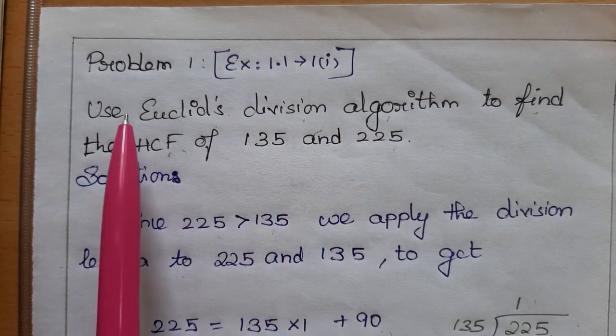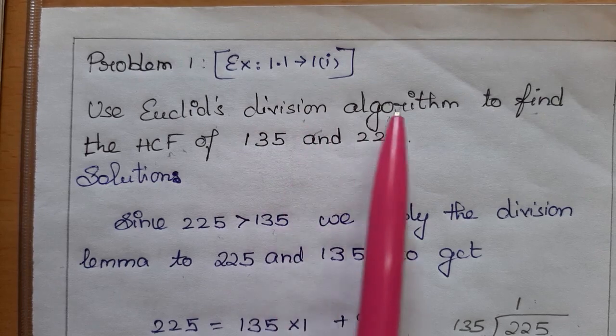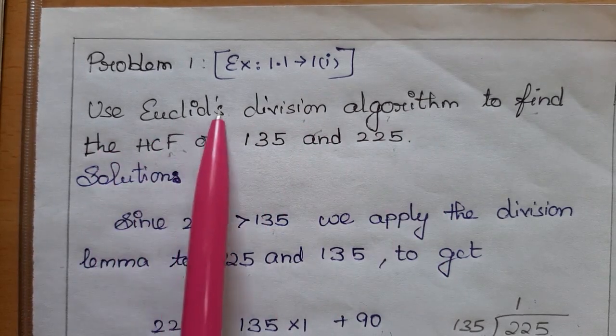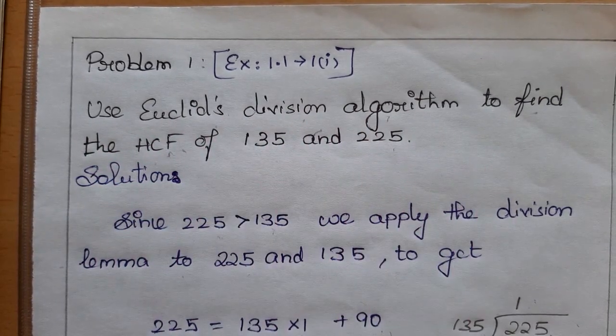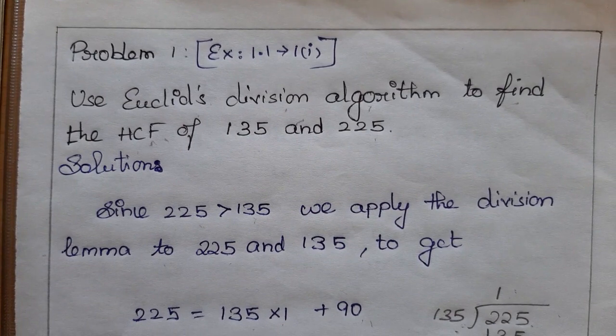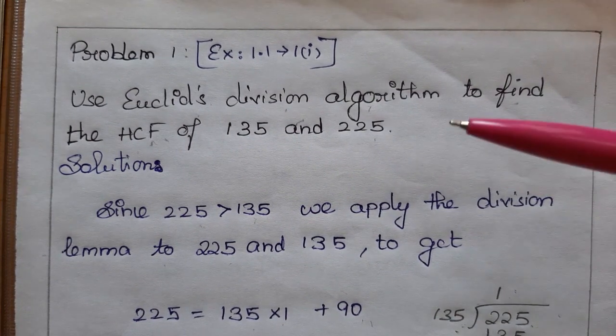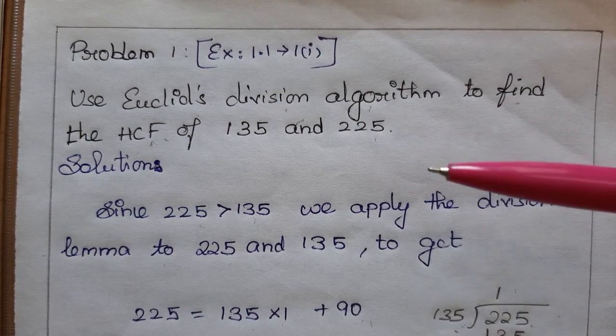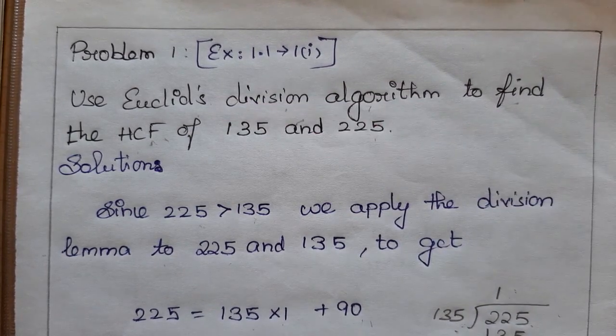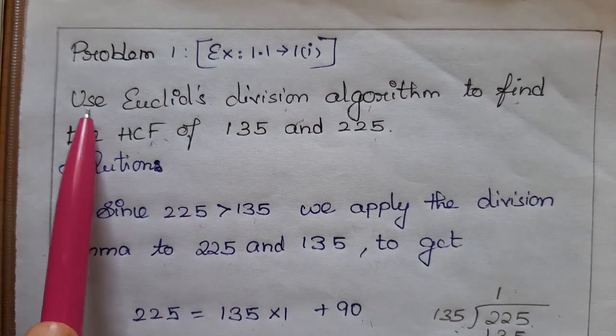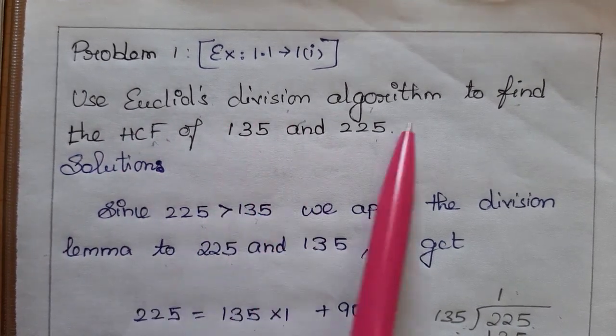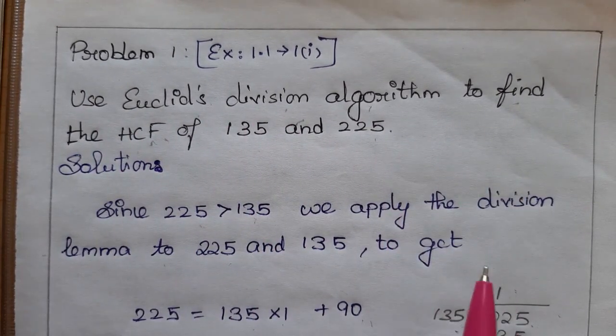It clearly says to use Euclid's division algorithm, so you can't do this sum with the normal prime factorization method. You strictly have to use the algorithm.